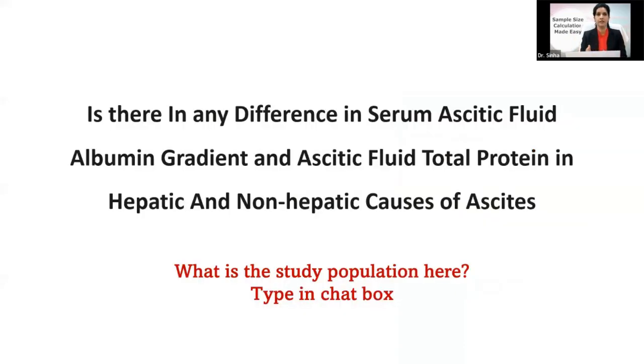Is there any difference in serum ascitic fluid albumin gradient and ascitic fluid protein in hepatic and non-hepatic causes of ascites? So what is the study population here? Please type in the chat box.